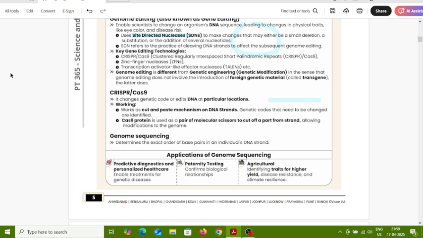Then we have how it works. It works as a cut and paste mechanism on a DNA strand.